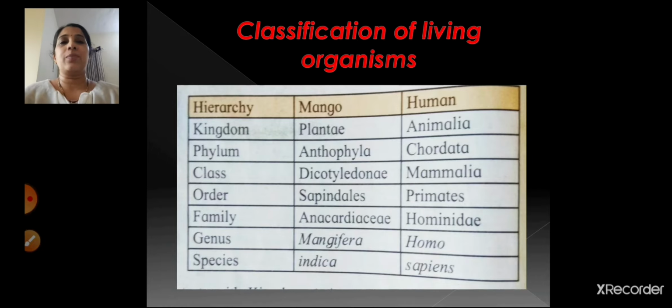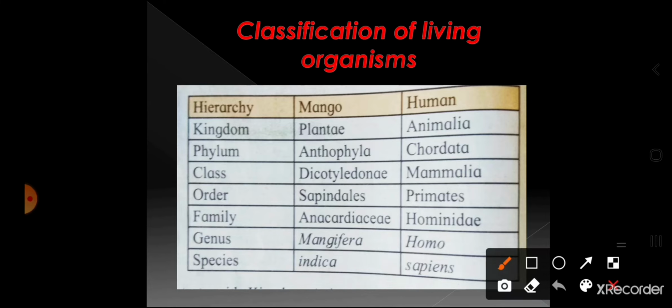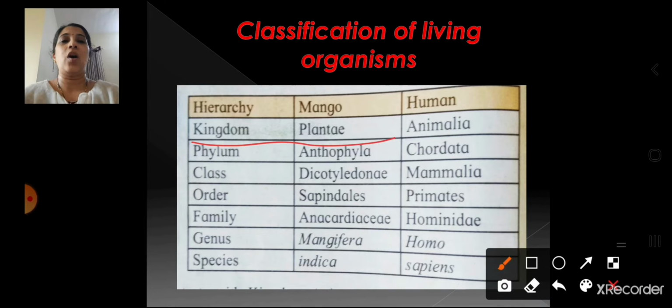On this basis the hierarchy was prepared. The hierarchy starts with kingdom Plantae or Animalia: for plants it starts with Plantae, and for humans or animals it starts with Animalia.